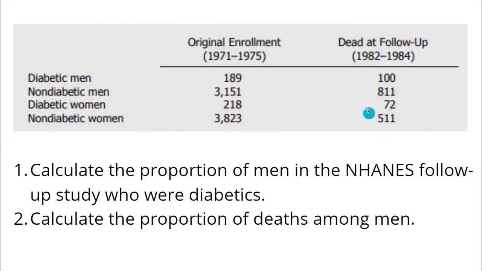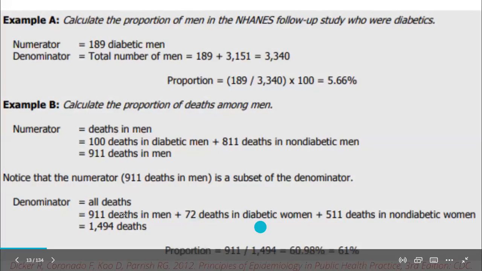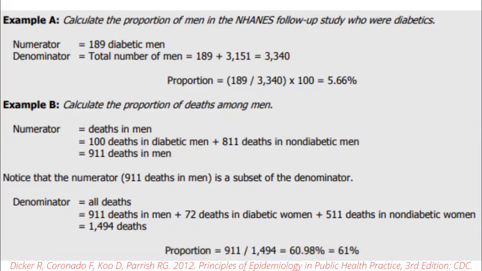Because remember, your proportion is a subset of a particular whole. In this case, the subset is the number of deaths in men, and the whole is the entire population who died on follow-up. So we have 911 deaths representing the total deaths in men, plus 72 in diabetic women, and 511 in non-diabetic women, for a total of 1,494 deaths.